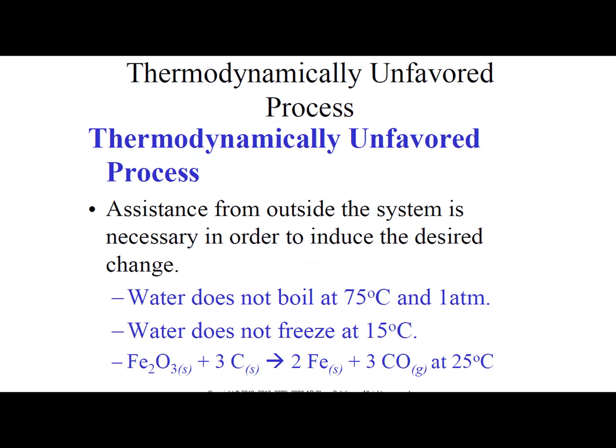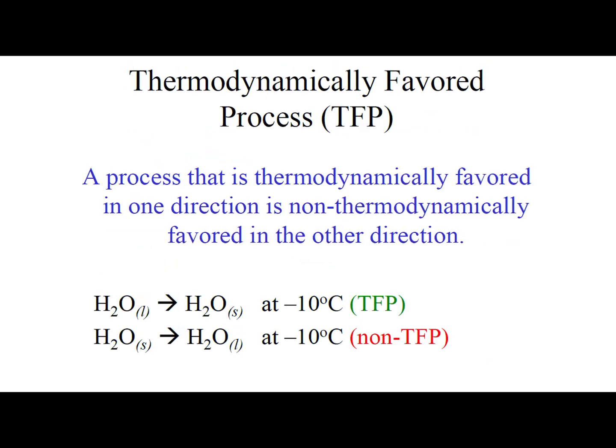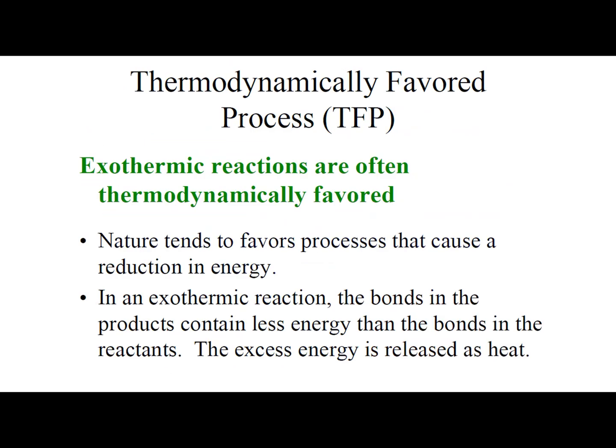So again, some other examples. Actually read through these examples because they are ones that commonly appear as part of multiple choice questions on the AP exam or as part of FRQs. Now, a process that is thermodynamically favored in one direction is not thermodynamically favored in the other. So hopefully that makes sense to you.